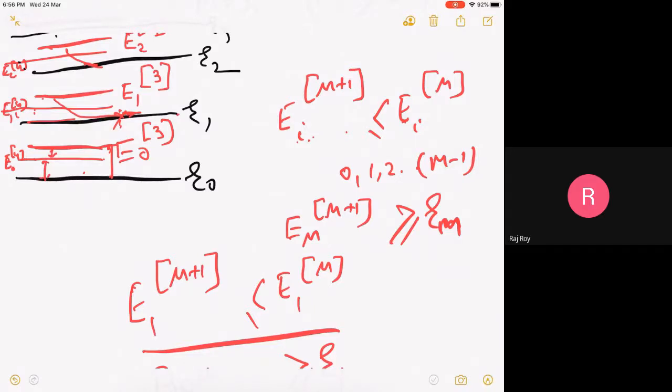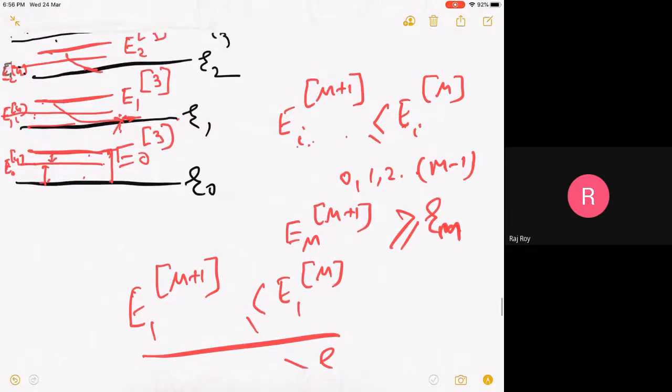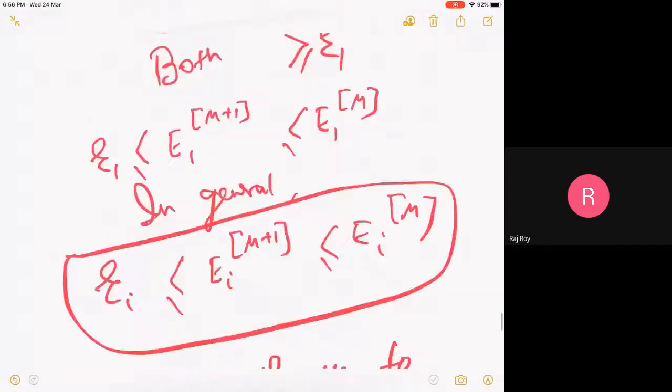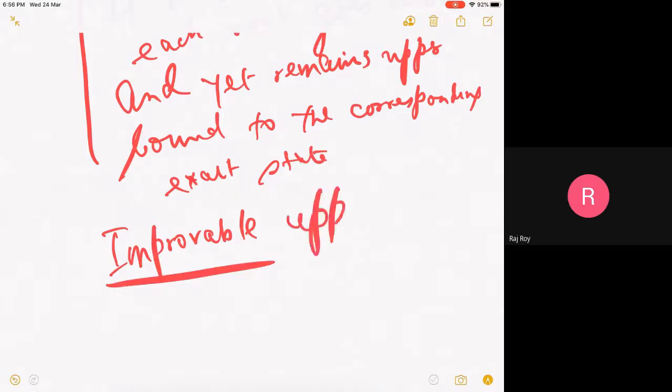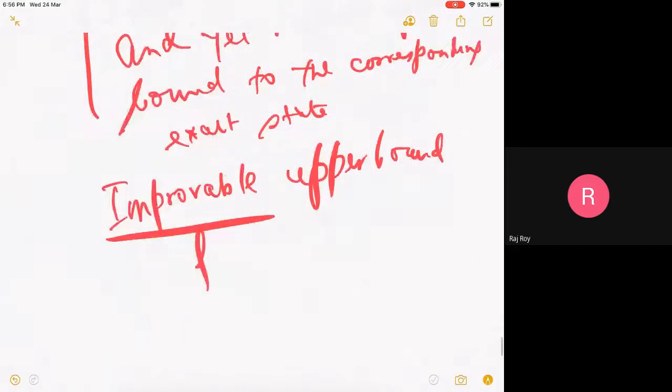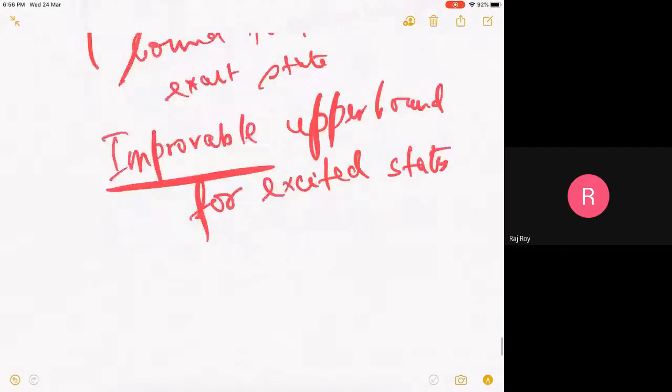If anything is going down, remaining upper bound, that means this value is actually improving. Every root, it is improvable. So not only you have an upper bound for excited states, you have an improvable upper bound. I hope you understand the meaning of improvable. I can improve it. Improvable upper bound for excited states. And this improvement is achieved by adding more basis functions. How do you improve? By adding more and more functions.